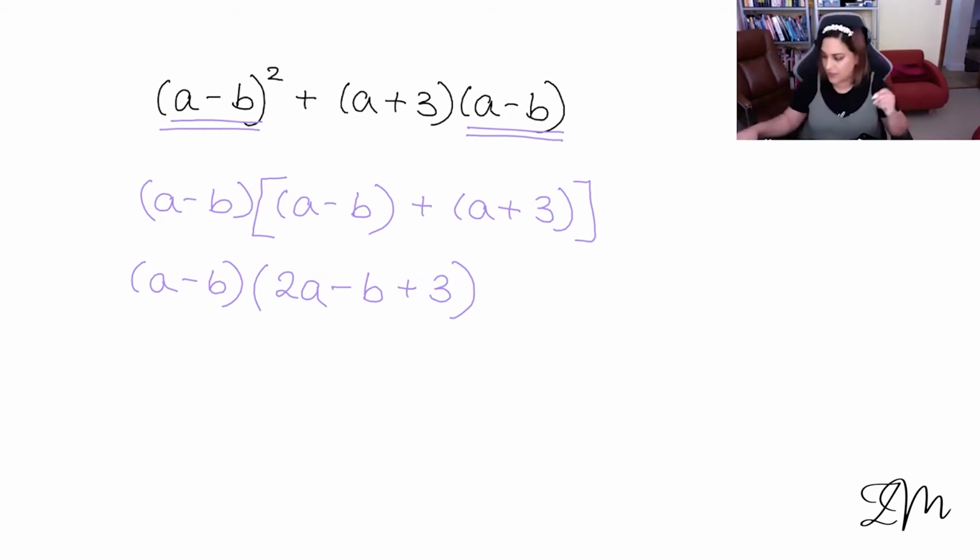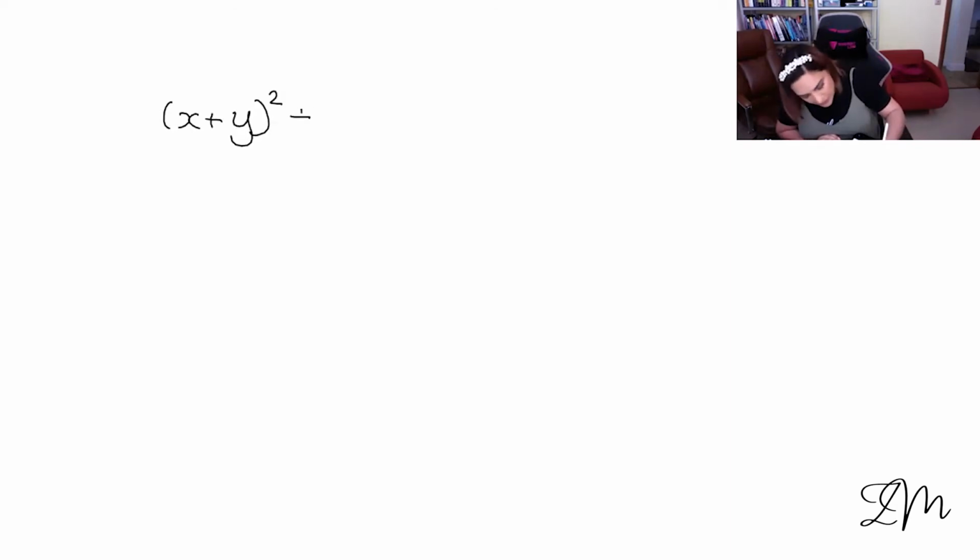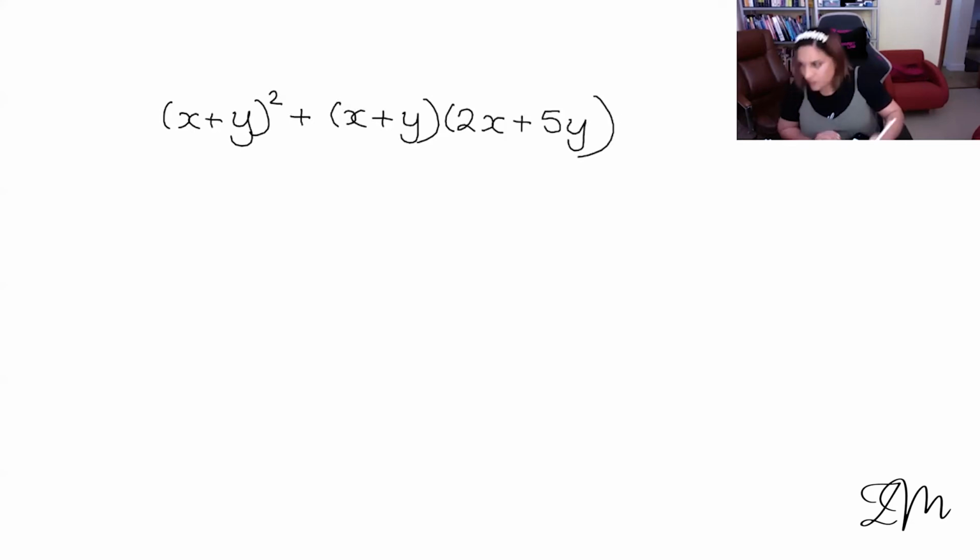I think what we should maybe do is show you where that comes from. So this is an AQA further maths question from paper 1, and it asked you to factorize (x plus y) squared plus (x plus y)(2x plus 5y). This was the June 2012 paper.